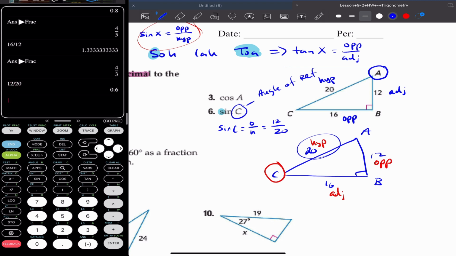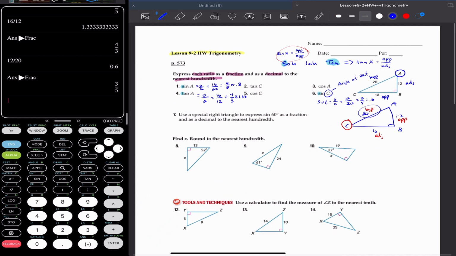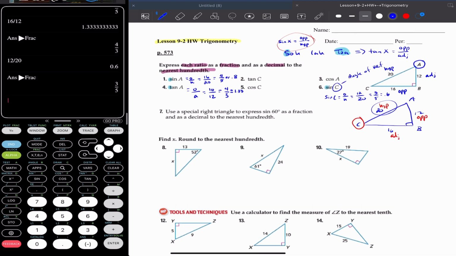I hit enter. Okay, cool. Press math, enter, enter. That's 3/5. Okay, so that is reduced. So that is 0.6 as a decimal. Okay? So that's how you approach these problems.